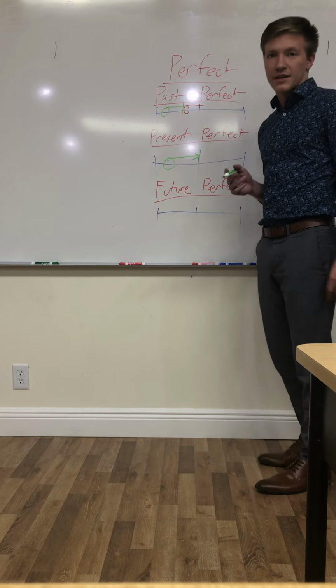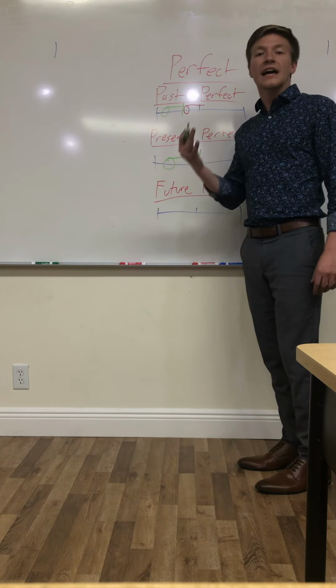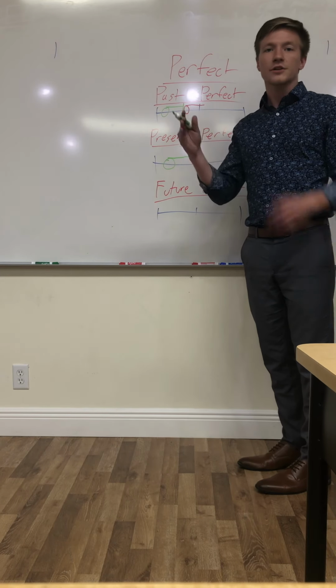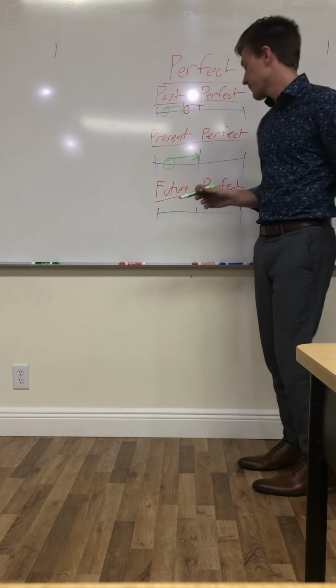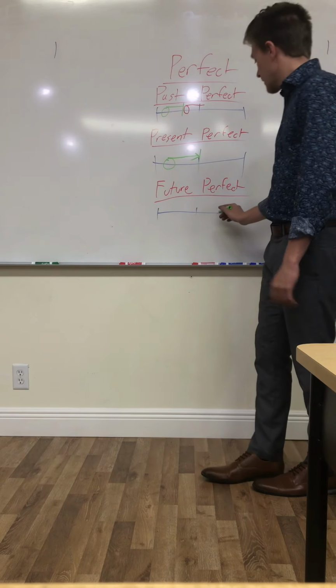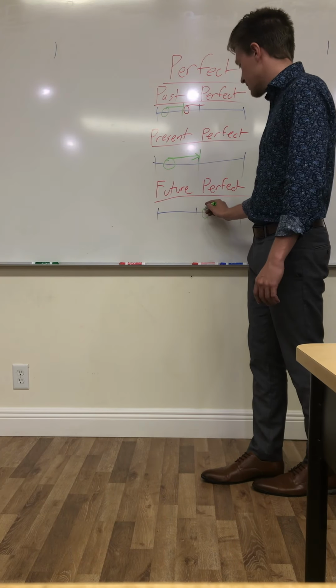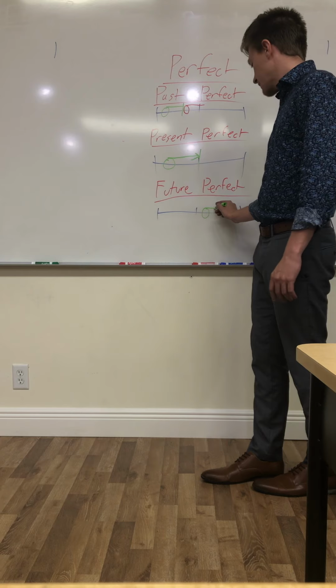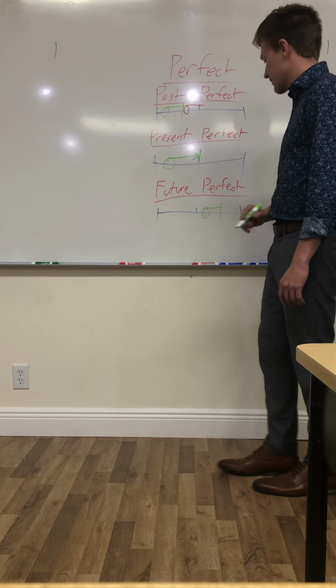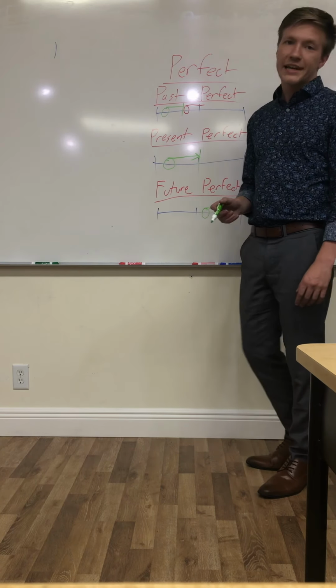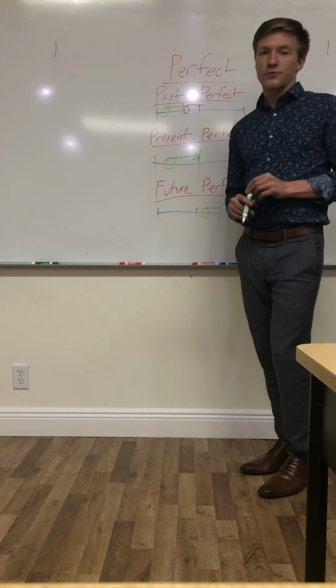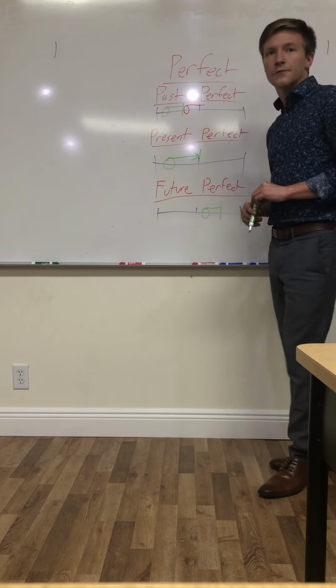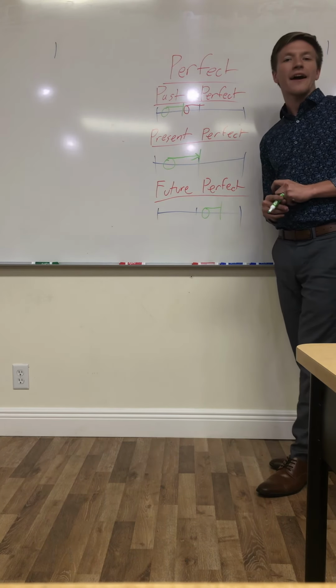But say, for example, you want to say that you will have done something. You will have started and completed something in the future. That's future perfect. So on our timeline, an action begins in the future, continues, and ends. All in the future. This hasn't happened yet. A key phrase that you should be on the lookout for is "will have."